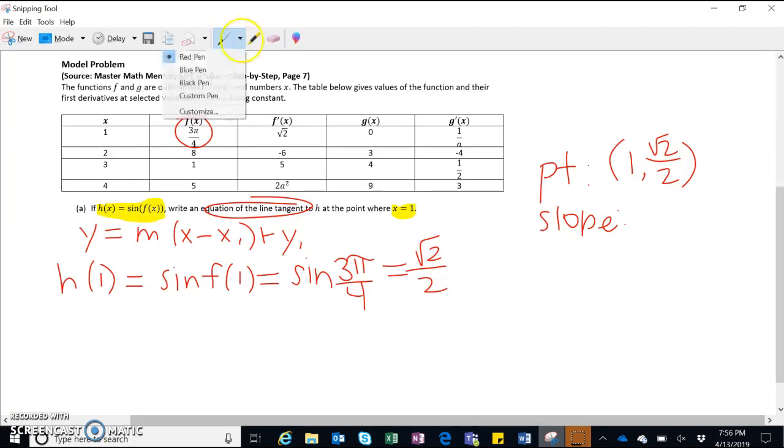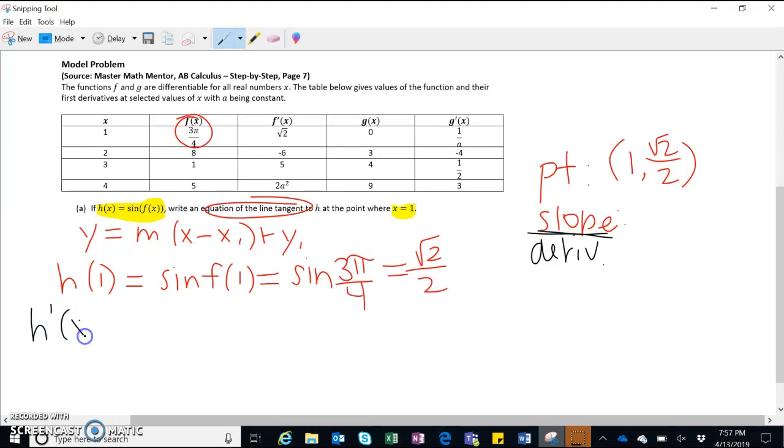Now what we've been spending a million years on, it seems, is this big connection that a slope is just a derivative. So the slope that I need in order to be successful with this problem is going to require that I find the derivative of our function. I need an h prime of x here. h of x is sine of f of x. So we know, a little side note, our trig derivatives with our little graphic organizer there.